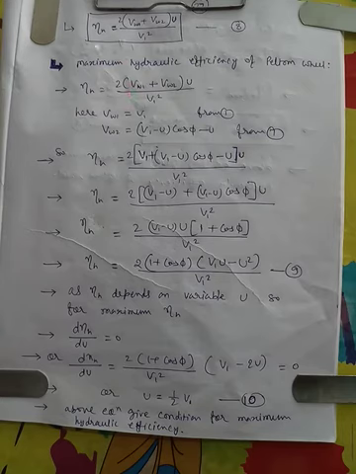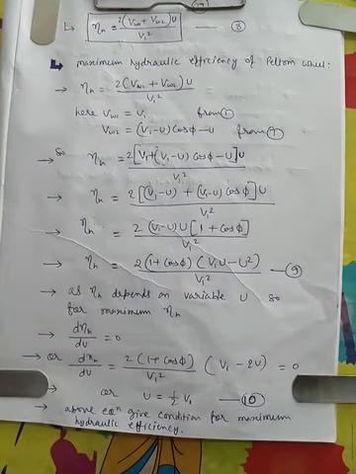Now our interest is to find the maximum value of this efficiency. How can we maximize the efficiency of the Pelton wheel? We put in the values of Vw1 and Vw2.